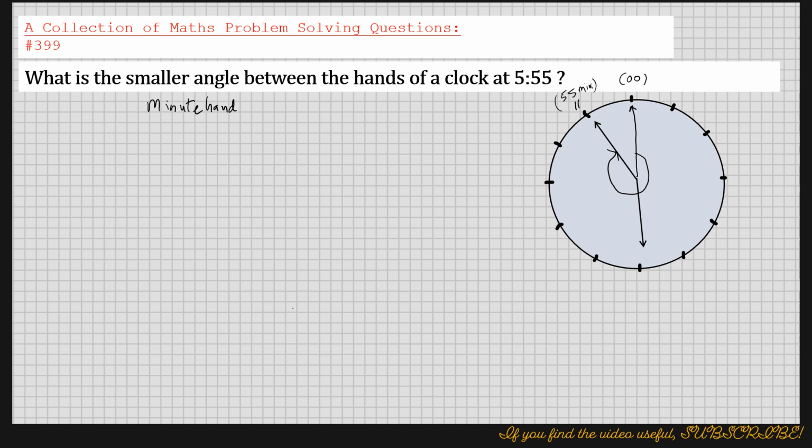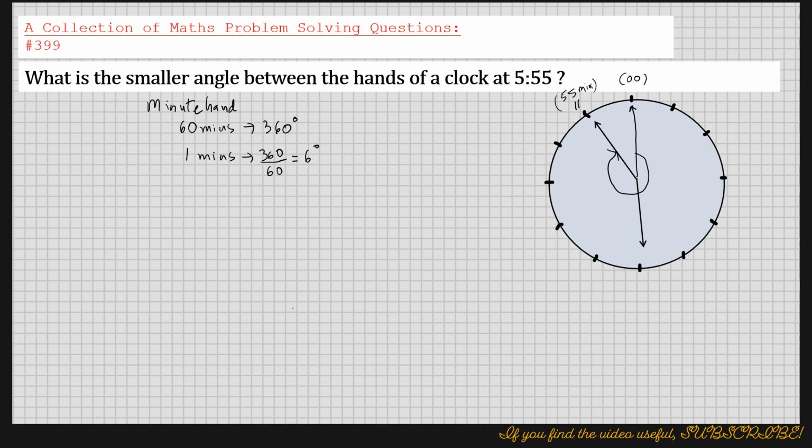We know that in 60 minutes it does 360 degrees. So in 60 minutes, or 1 hour, we will have done the entire 360 degrees. So in 1 minute, it will have done 360 divided by 60, that is 6 degrees.